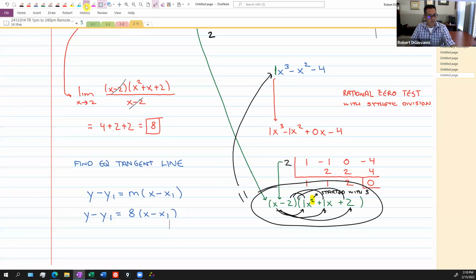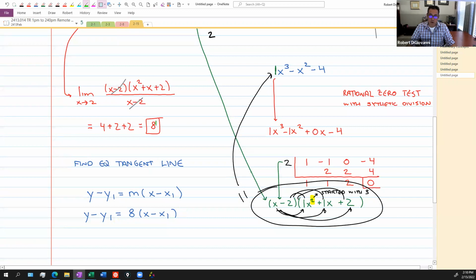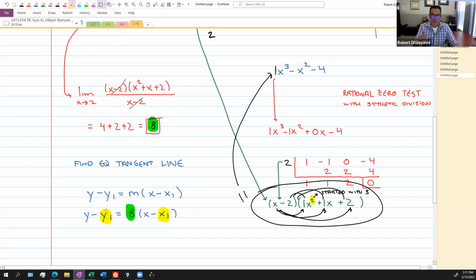We did the limit to get 8, so we've got the actual slope of the line. The only thing we're missing in this formula to finish it is a point, the point that we're talking about. So what is the point on this graph that we want to do this through?